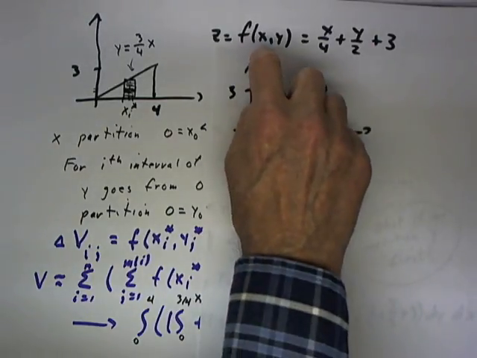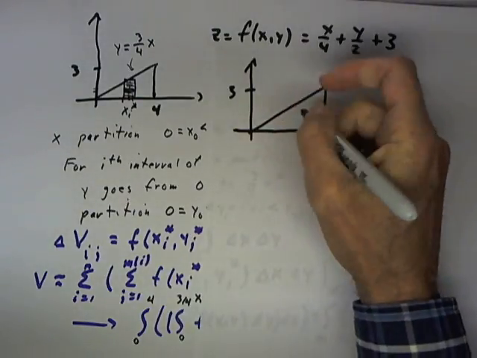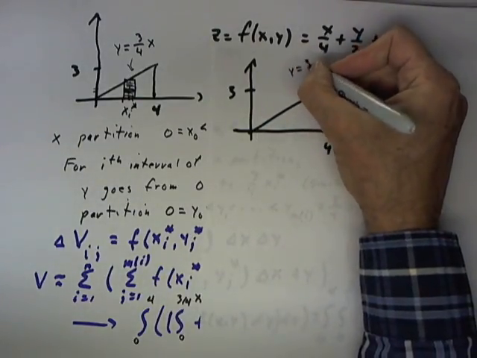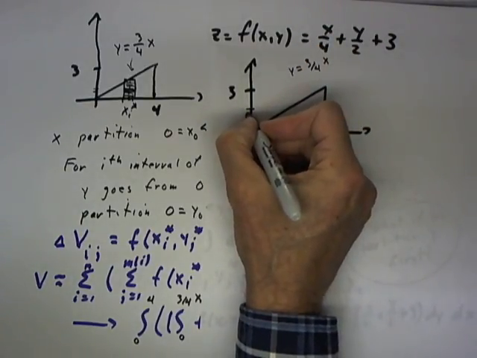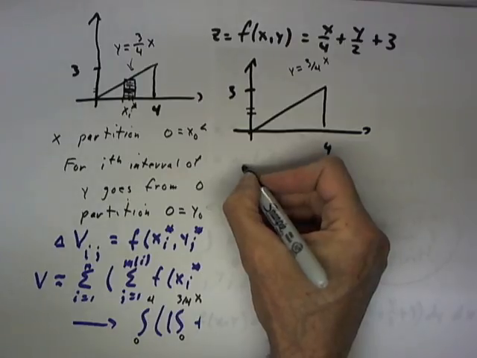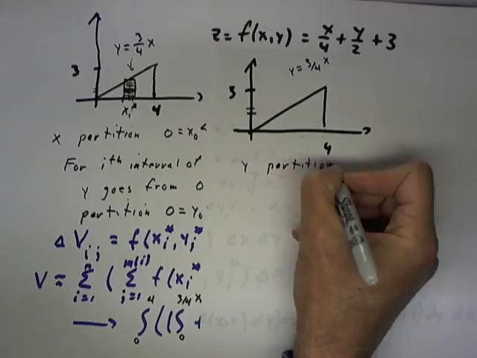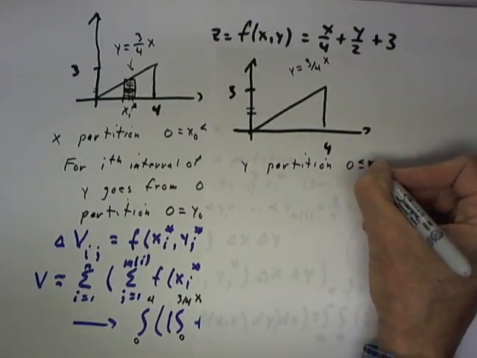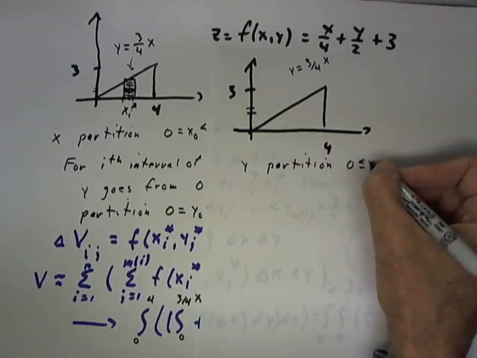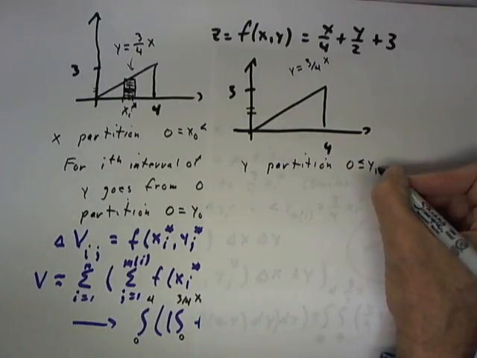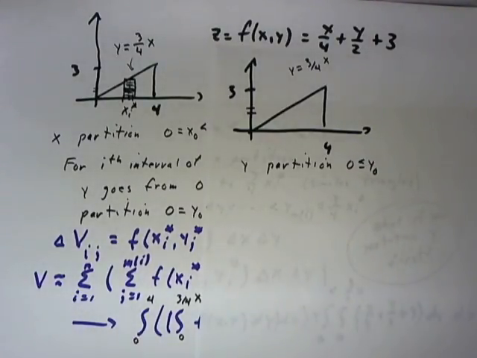So we have again the same function, the same region. This line is still y equals 3/4 x, but we think in terms of first partitioning y. So that we partition, that should be 0 equals y0.